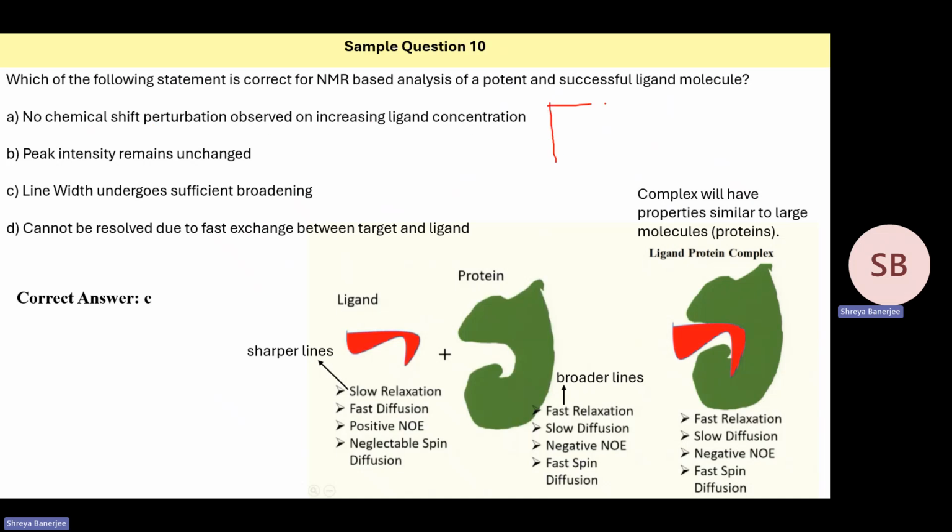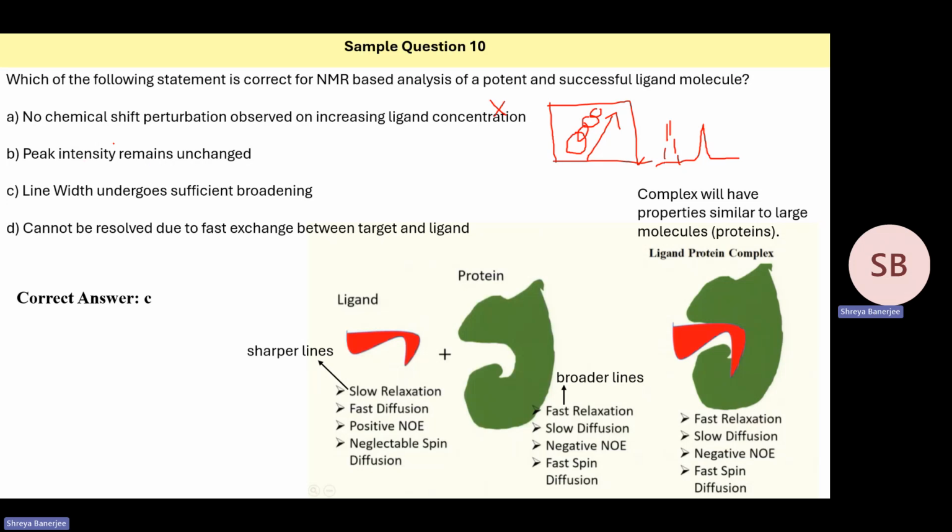We just saw that for a ligand to be successfully binding, there has to be a chemical shift change in the 2D or 1D spectra. 2D spectra can shift like this. 1D spectra, suppose initial was here, final can shift somewhere here. So there has to be a chemical shift change. So no chemical shift change is wrong.